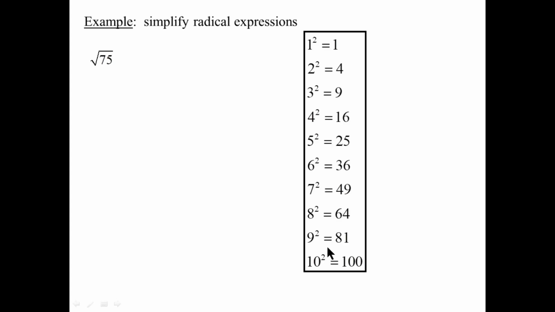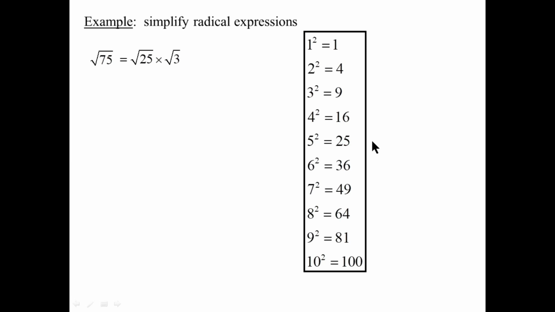Example, simplify radical expressions. Root 75 as an example. We'll reference our list of perfect squares and look for one that goes evenly into 75. We realize that 25 goes evenly into 75, so we can break it out like this.